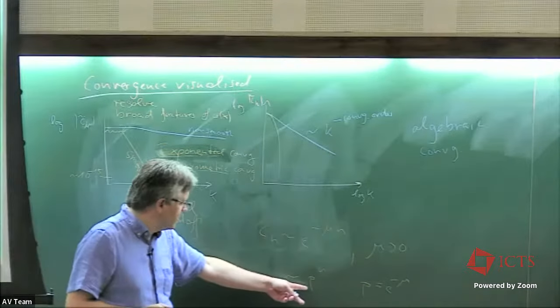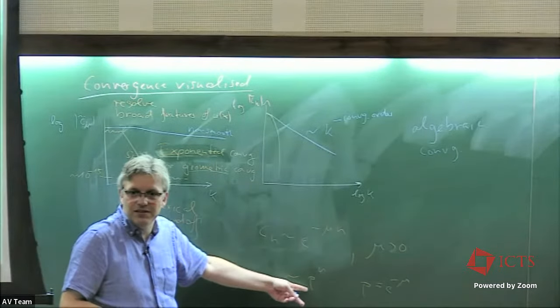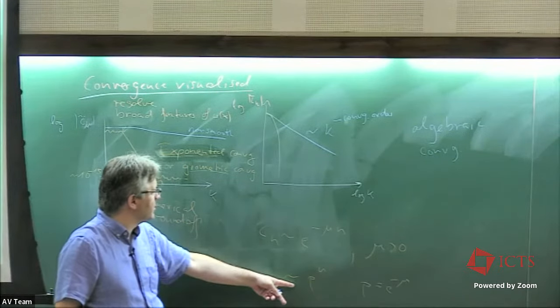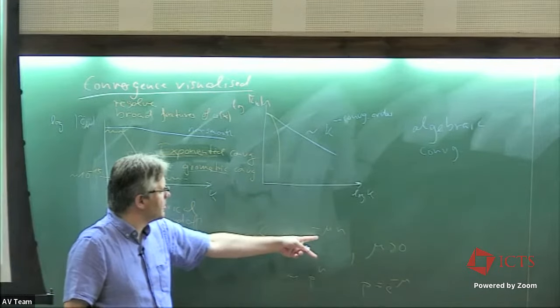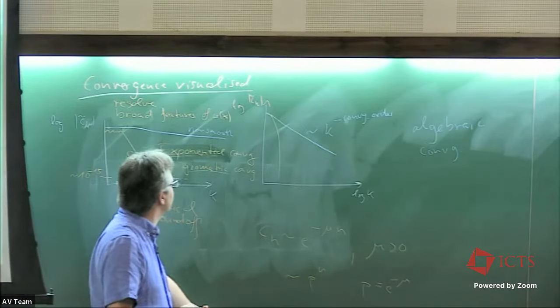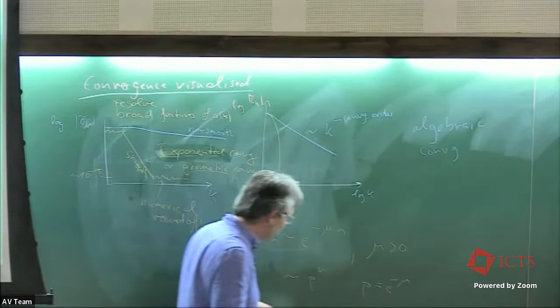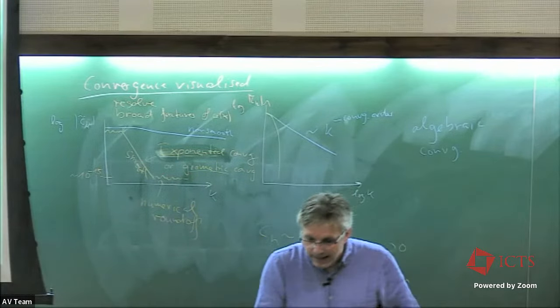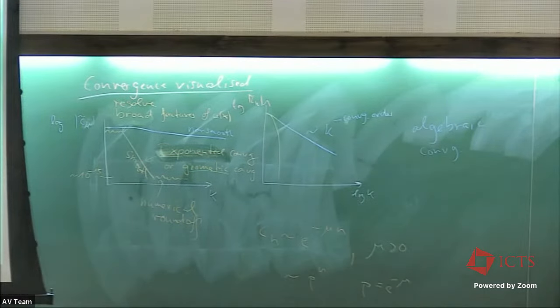And this is a geometric series, p to the n. That's why some people call it geometric and others have that formula in mind and call it exponential. I'm in the exponential camp, so I'm going to call this exponential convergence. Any questions about this?